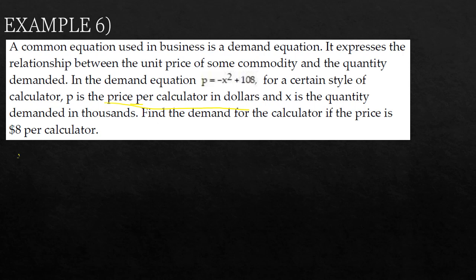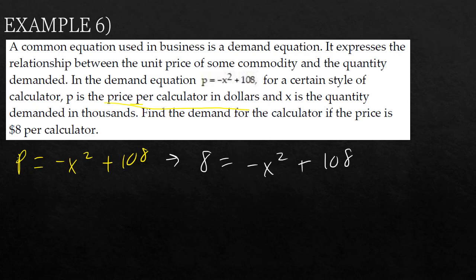So we have p equals negative x squared plus 108, and we're going to plug in what we know. We know that p is 8. We're looking for x squared. So we are subtracting 108. That gives us negative 100 equals negative x squared.